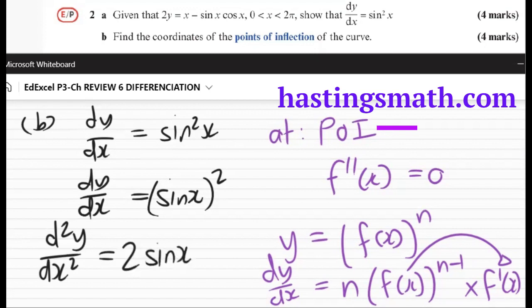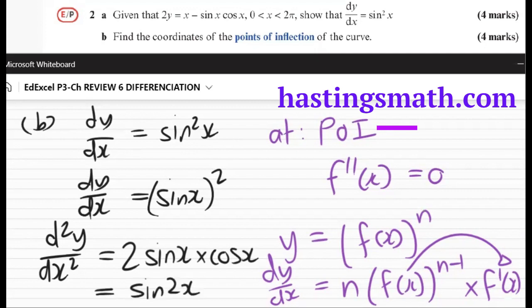And then we have to times it by the first derivative of sine x, which is just cos x, and it stays positive. Okay. 2 sine x cos x. 2 sine x cos x we know is, sorry, not an identity, it's a double angle formula. It just becomes sine 2x.